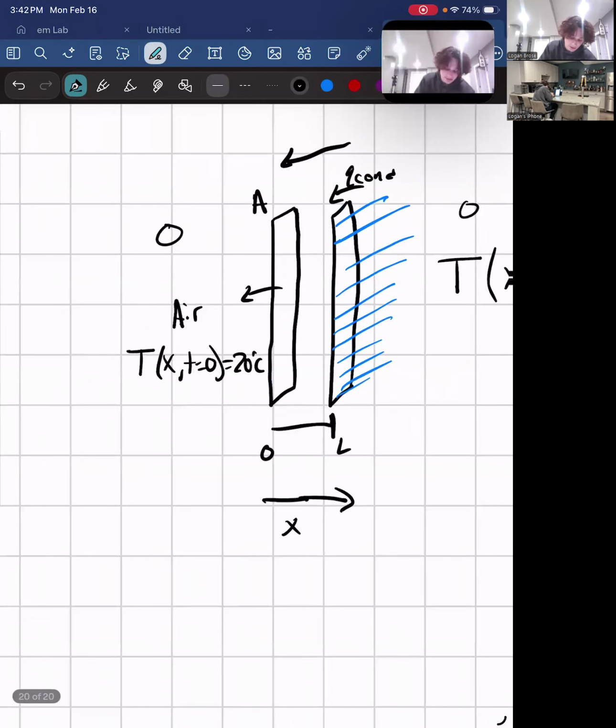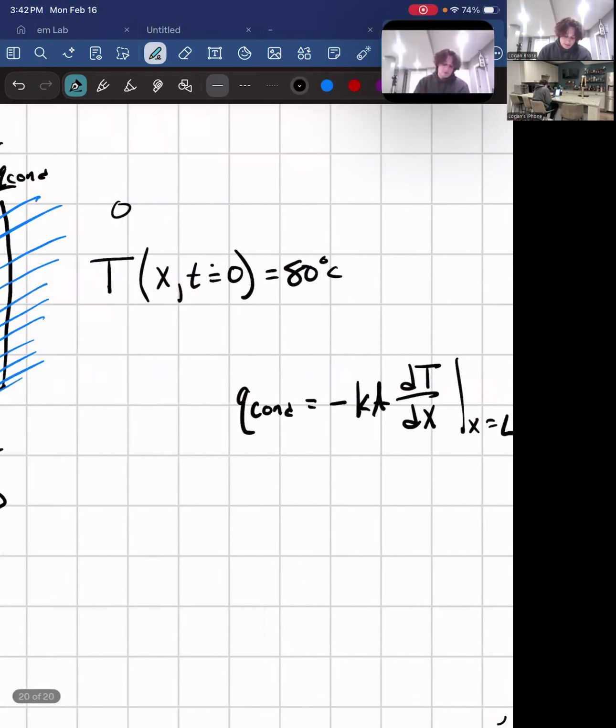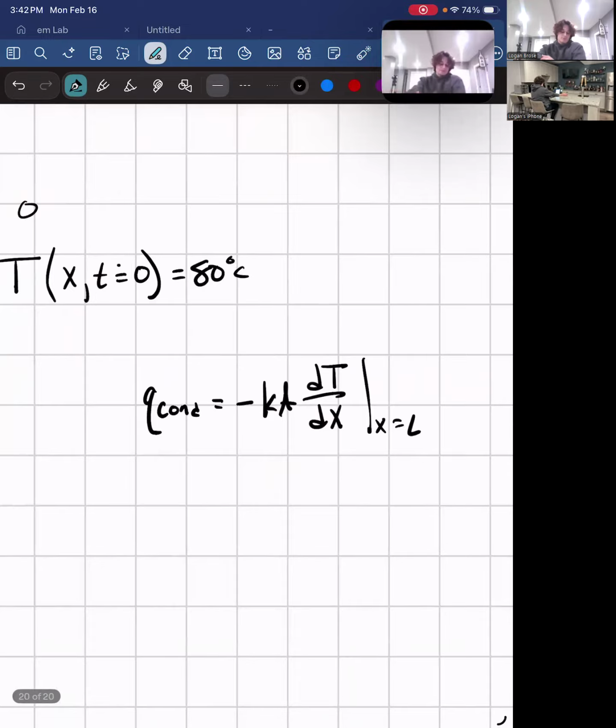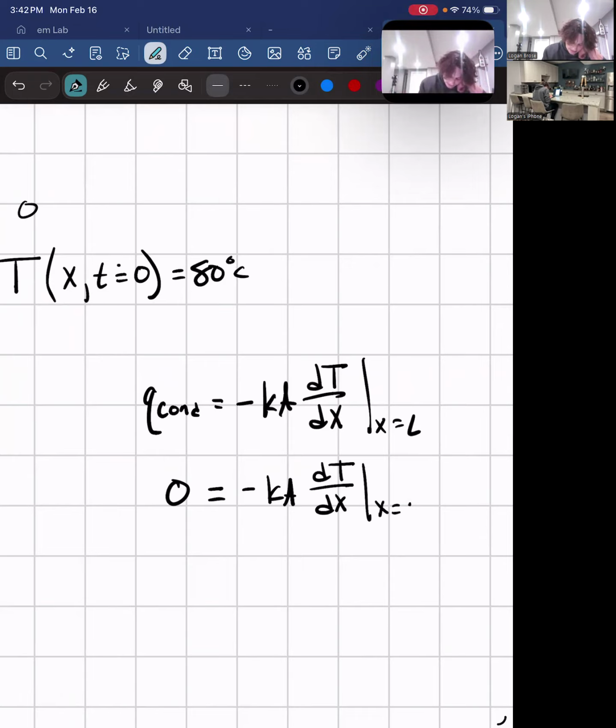Because that is where our heat is coming from, right? Now, since it's perfectly insulated, we know that this will be 0, right? So it's actually 0 equals minus kA dT/dx evaluated at x equals L, right?